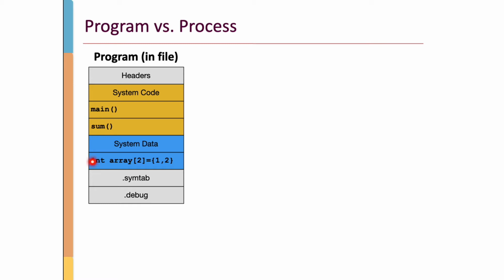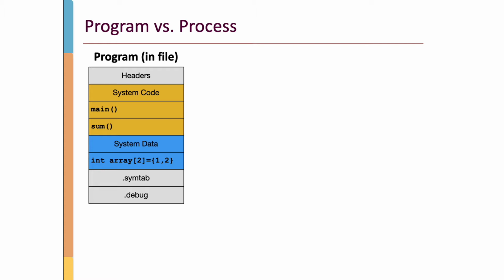We're also going to potentially have spots for static data, and then there's going to be some other information added to the file, like debugging data and symbol table information and some of that kind of stuff that's used for various purposes when the program runs. But again, that program is just something in a file.